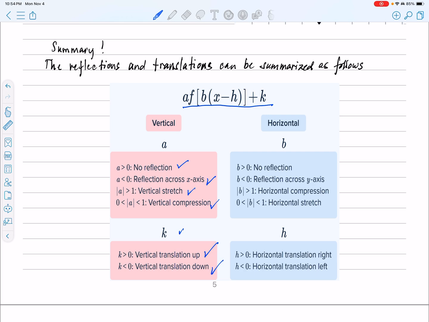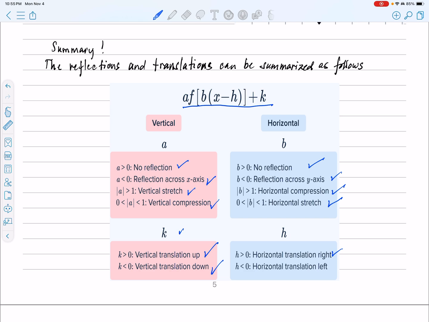For B, greater than 0, no reflection. B less than 0, reflection across the y-axis. Absolute value of B greater than 1, horizontal compression. B greater than 0 and less than 1, horizontal stretch. H greater than 0, horizontal translation to the right.